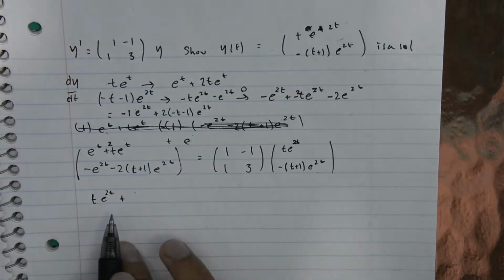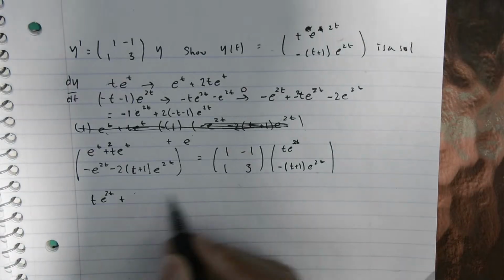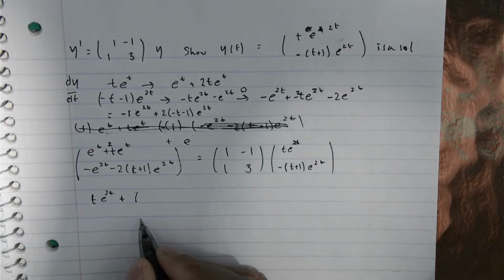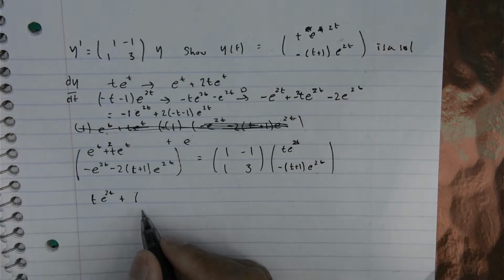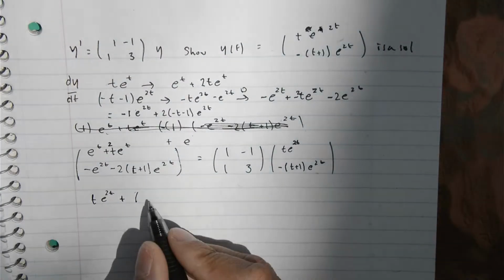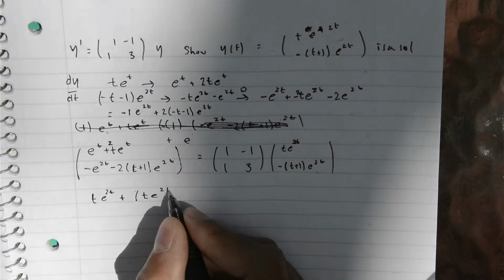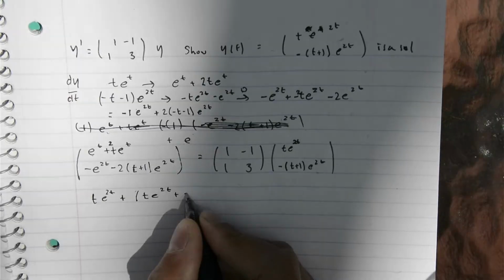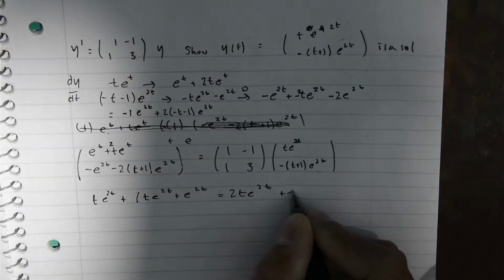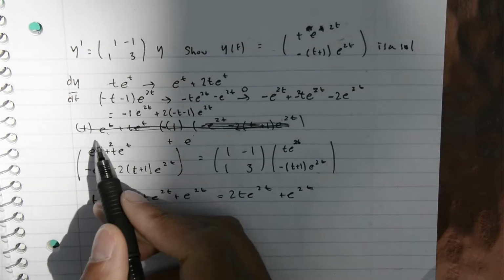This is t e to the t. That's going to turn into a plus. So then you're going to get t e to the 2t plus e to the 2t, which is equal to 2t e to the 2t plus e to the 2t, which is, oh, and wait.